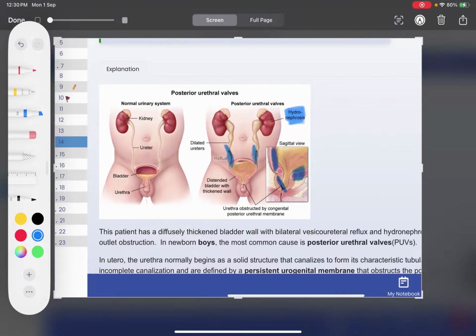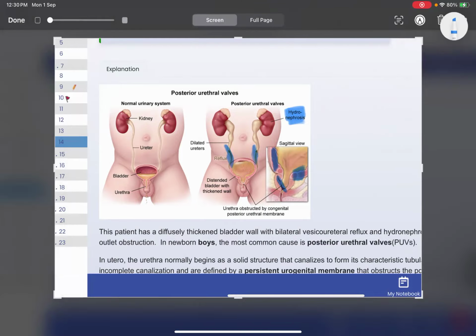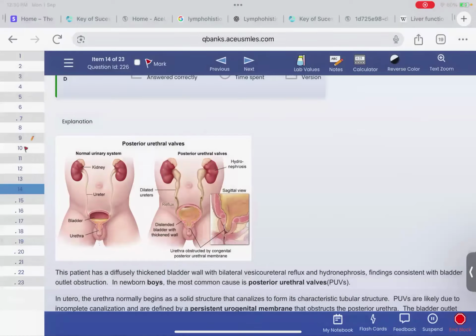So these are very simple, straightforward questions. Don't worry, these are just two or three pages from First Aid. If you read that, you will be able to pick each and every question very easily. Don't worry about all these concepts.